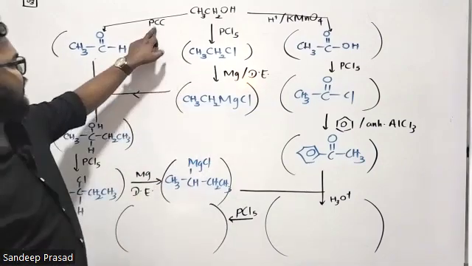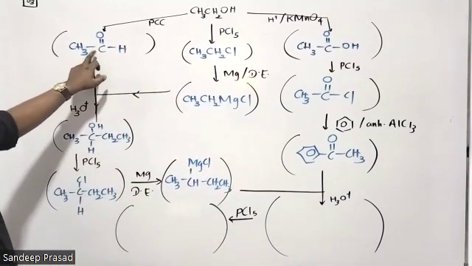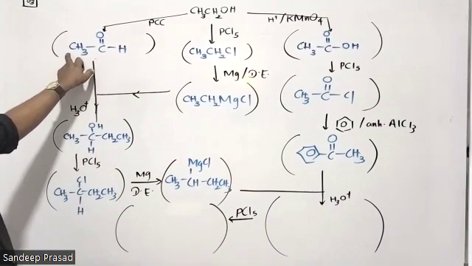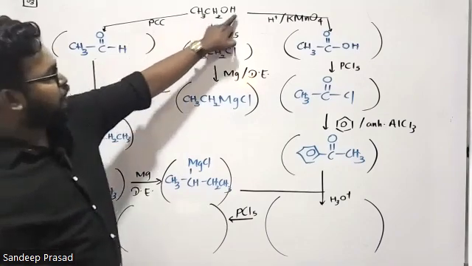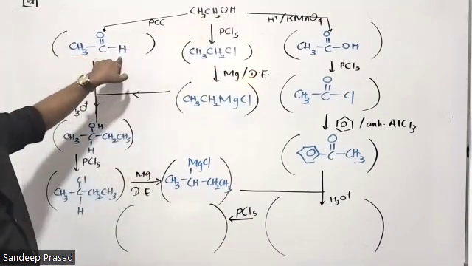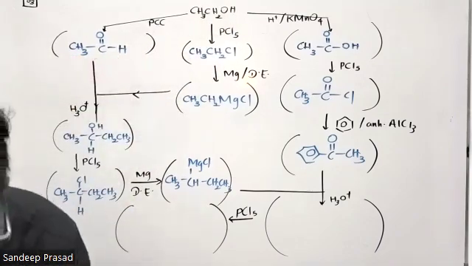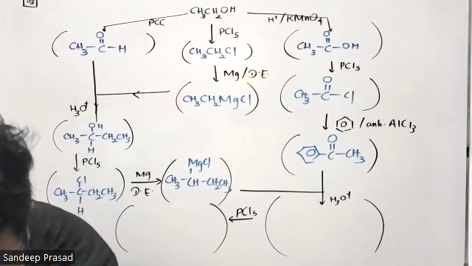Now, the alkyl group in the aldehyde is this one, CH3 C double bond O. This CH2OH group is converted into C double bond O. Okay. Can you understand?